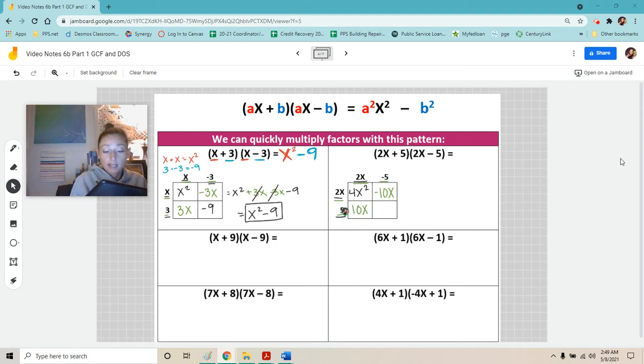And 5 times negative 5 is negative 25. So that would equal 4x squared plus 10x minus 10x minus 25. Again, we have a positive and a negative of the same term, so we can cancel those out, and we're left with 4x squared minus 25.